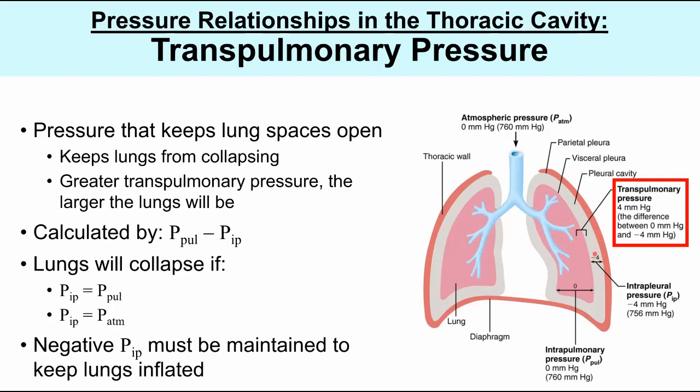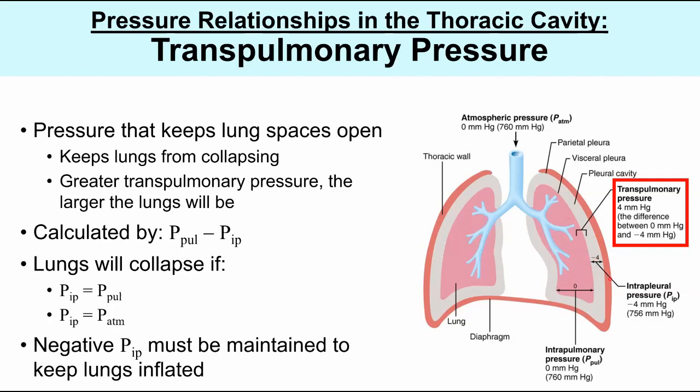The higher the difference across this space is, the greater the size of the lungs will actually be. And if we get a situation where the intrapleural pressure becomes equal to the intrapulmonary pressure, say they both become 0, that's going to cause a lung collapse.